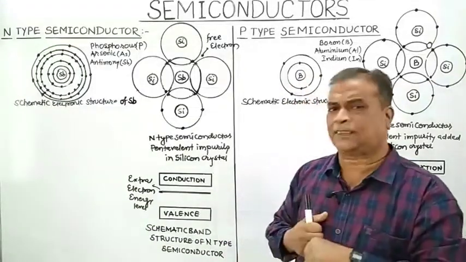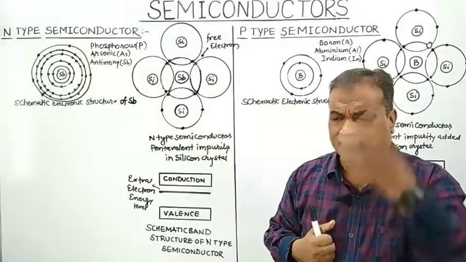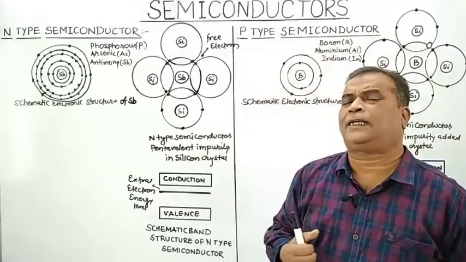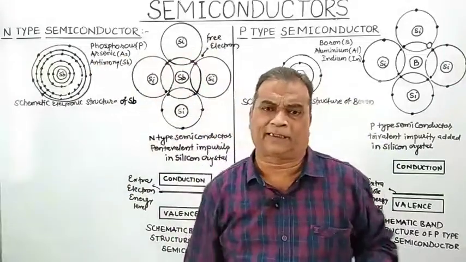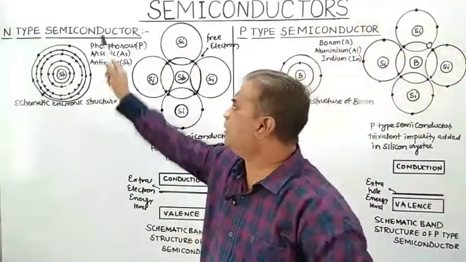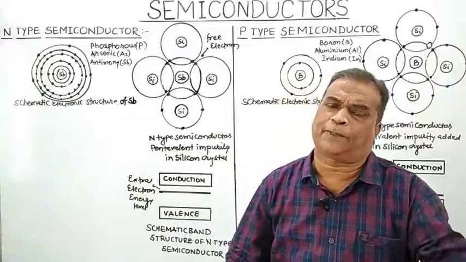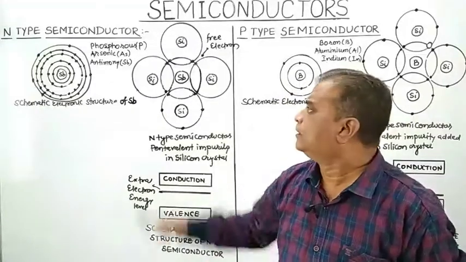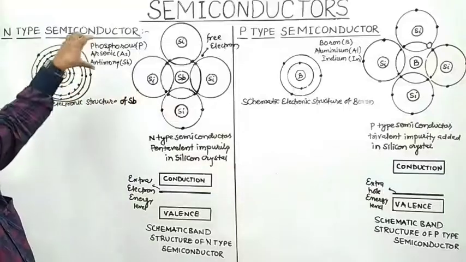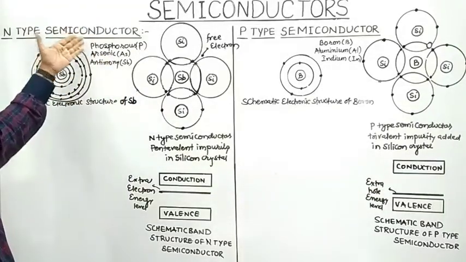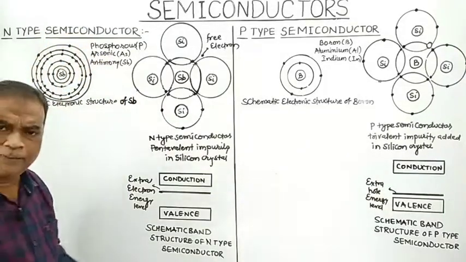So the extrinsic semiconductor which is doped with a pentavalent impurity atom is called an N-type semiconductor, or when germanium or silicon is doped with a pentavalent impurity atom, then we will get an N-type semiconductor. As examples of pentavalent impurity: phosphorus, arsenic and antimony.